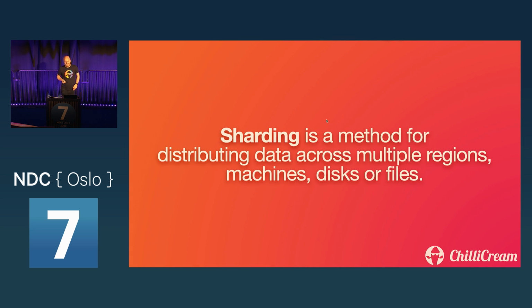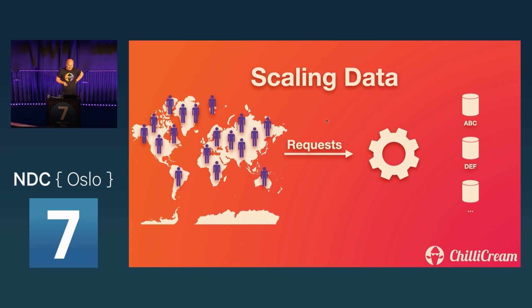Sharding really is a method to distribute data across multiple regions, machines, disks, or files. And when we talk about that, we want to put the data close to our customer. So when a request comes in, we want to direct it to the most optimal spot to fetch it from.